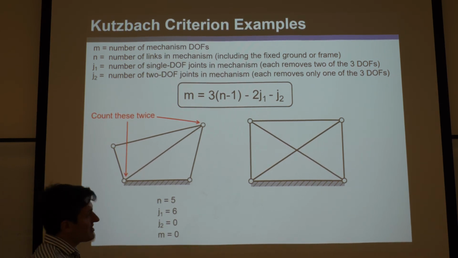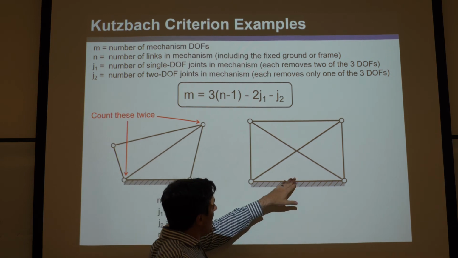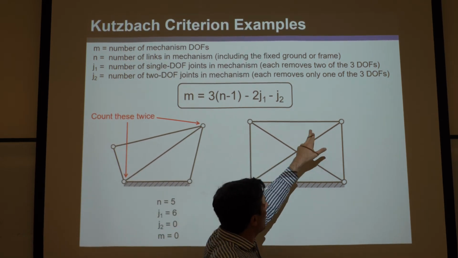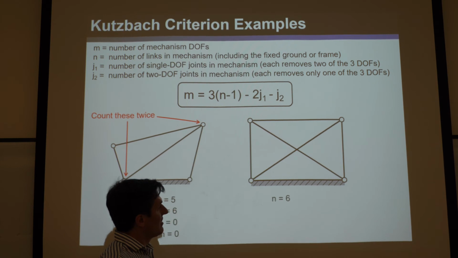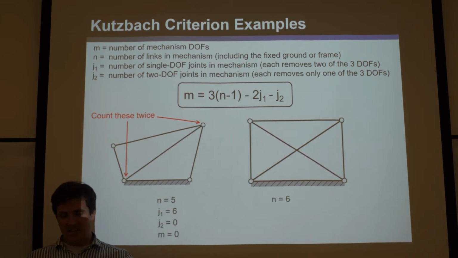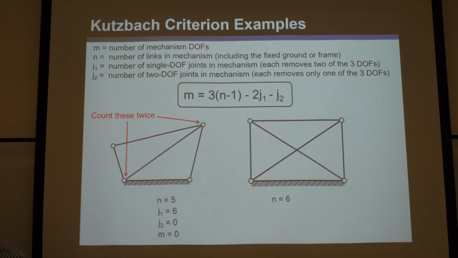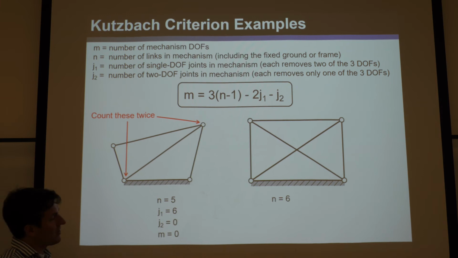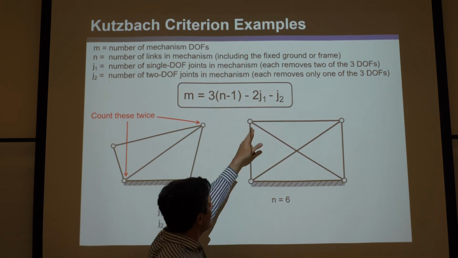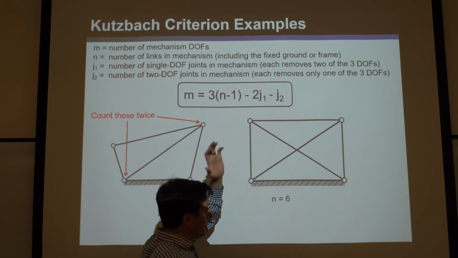Now let's count all this. How many links are there? What's N? There's 1, 2, 3, 4, 5, 6. So you could make that with 6 bars, or links. So N is 6. How many J1s are there? Again, you wouldn't count these just once, or you'd think J1 is 4, but that's wrong.